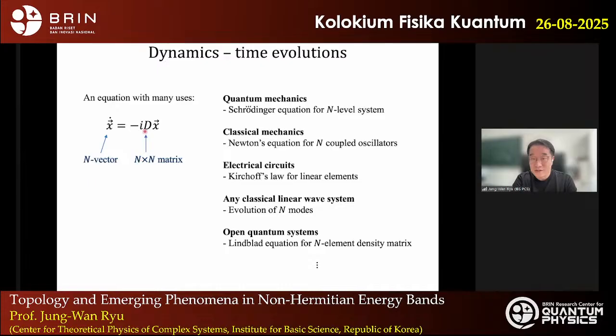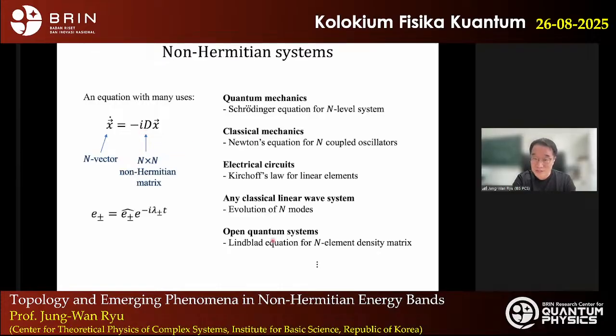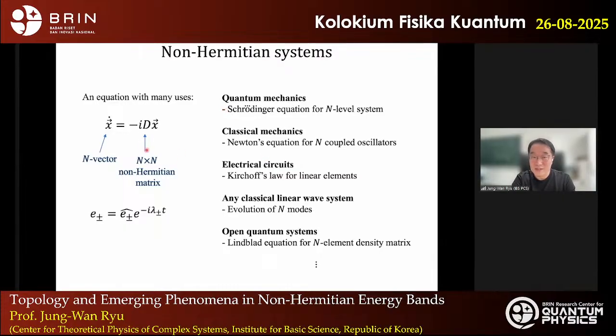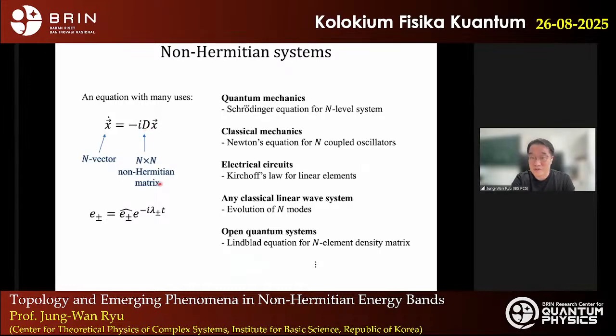In this equation, this D is important information. This is a matrix, but except in the Hermitian quantum mechanics case, in general this matrix is non-Hermitian for the other systems. And nowadays, we think about many non-Hermitian quantum mechanics studies. In that case, this D is a non-Hermitian matrix. In the Newton equation, Kirchhoff law, wave evolution and Lindblad equation, this is a non-Hermitian matrix.